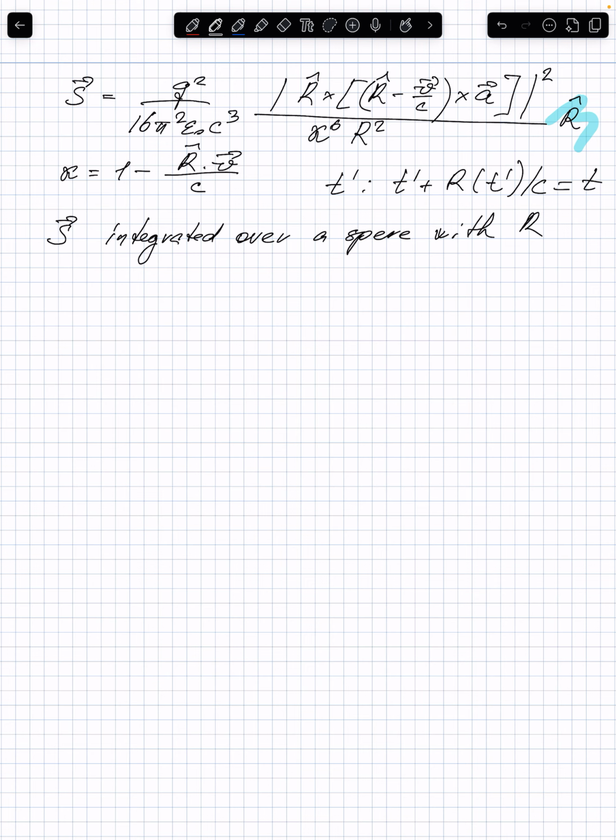We will consider a sphere with a radius R which surrounds the particle at its retarded time.